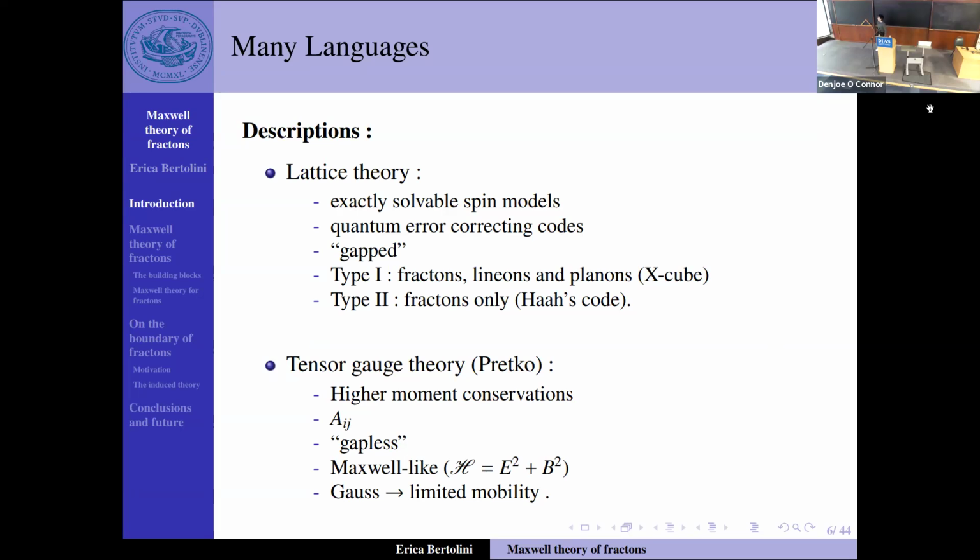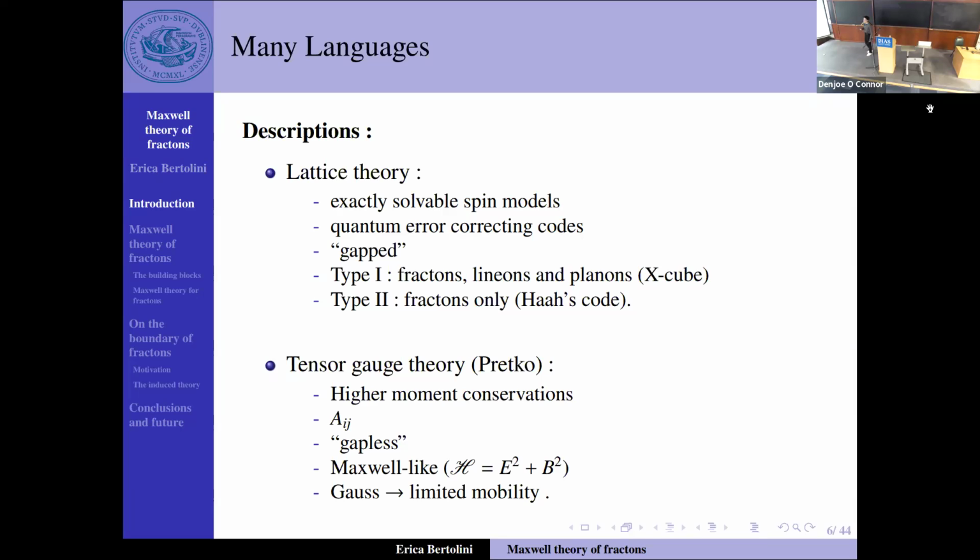They were born in the context of building quantum error correcting codes and are gapped, in the sense that these are massive theories. They are divided into two classes depending on the particle content. There are type 1 fracton models, which contain fractons, lineons, and planons, and type 2 fracton models that only contain fractons.